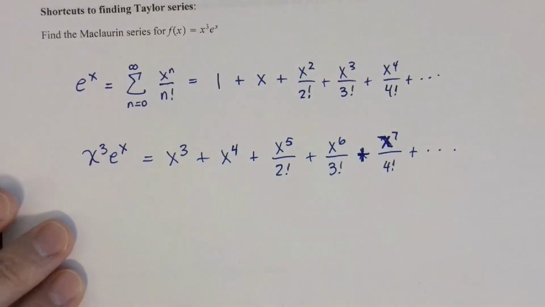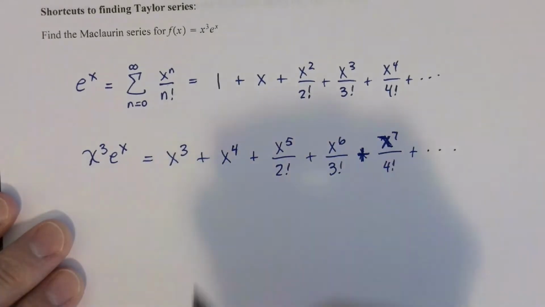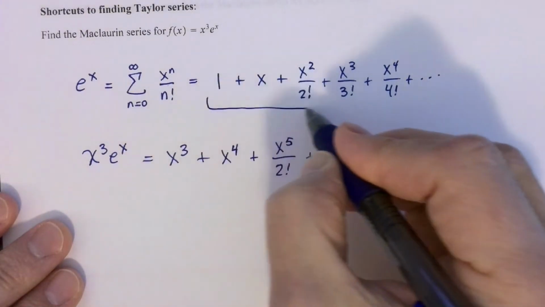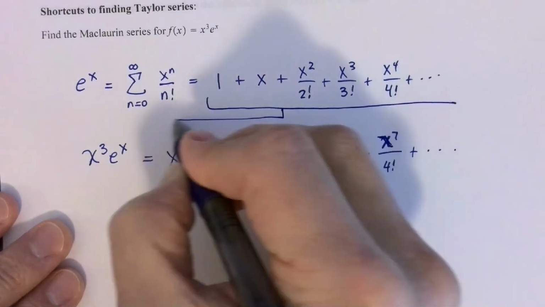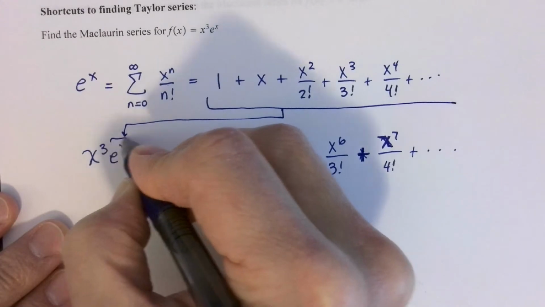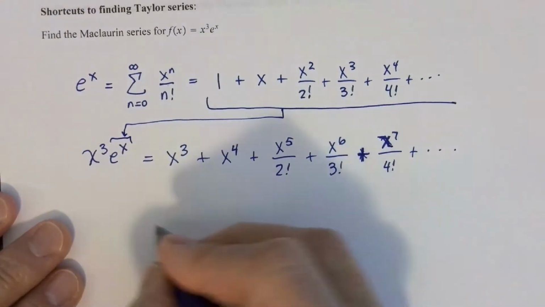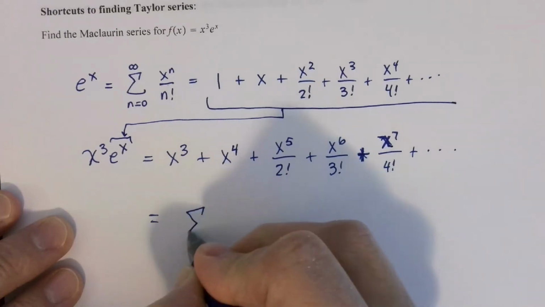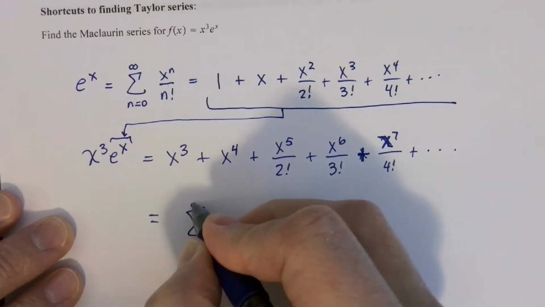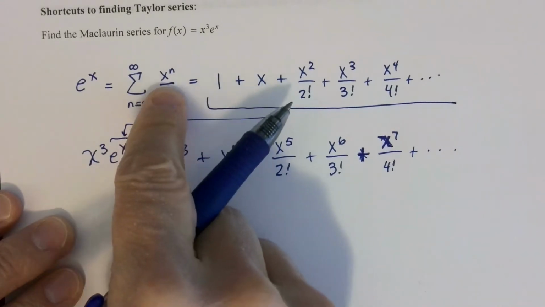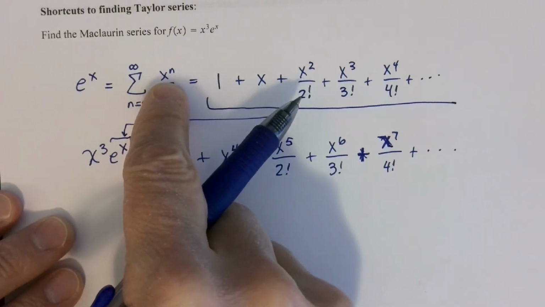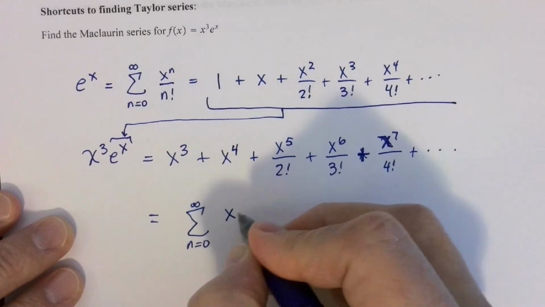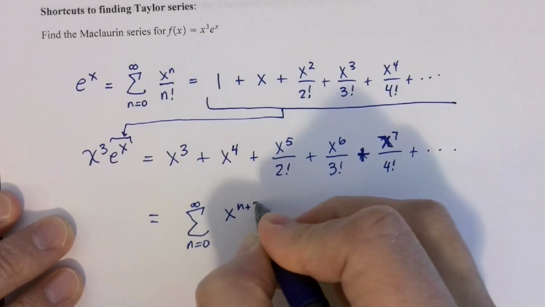There it is. We're just taking all of this and distributing x cubed through it. And we can write this a little more compactly as the summation from n equals 0 to infinity. Just multiply by x cubed. What's x cubed times x to the n? X cubed times x to the n is x to the n plus 3 power.